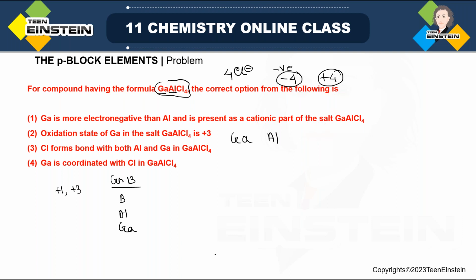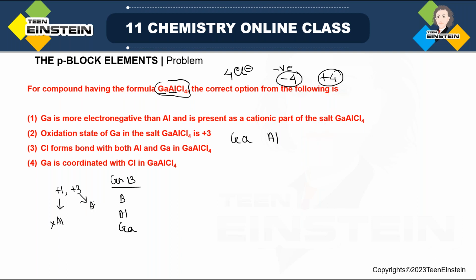The tendency to show +3 is more with boron and aluminium, but as we move down, oxidation state +1 is also observed sometimes because of the inert pair effect.